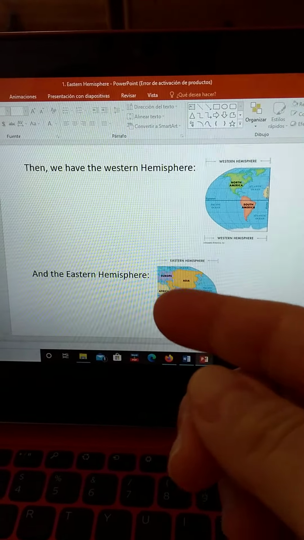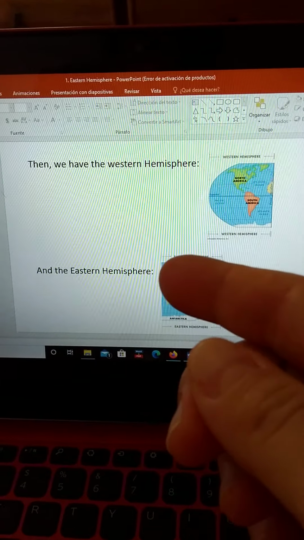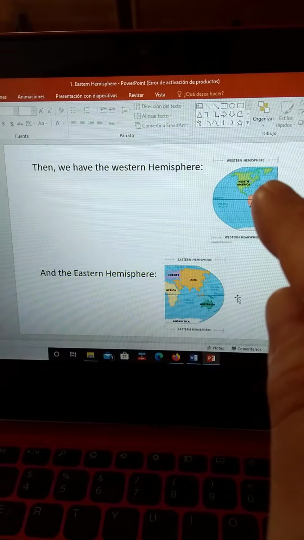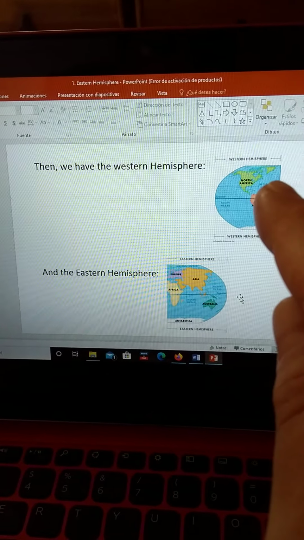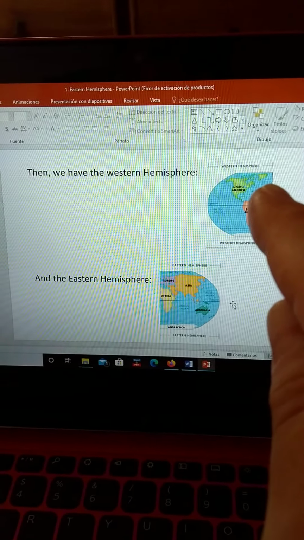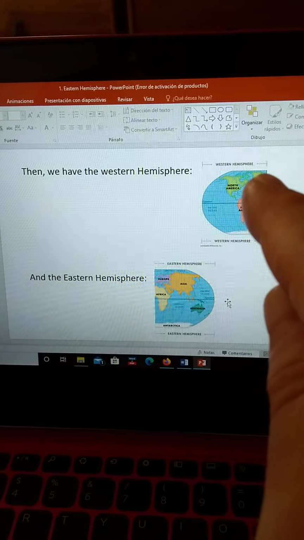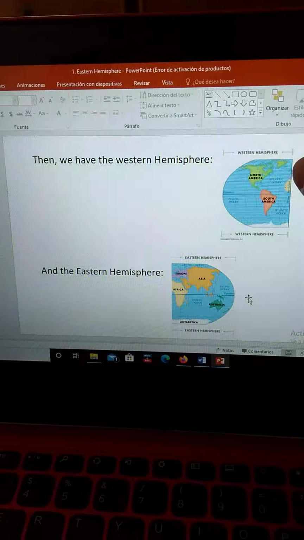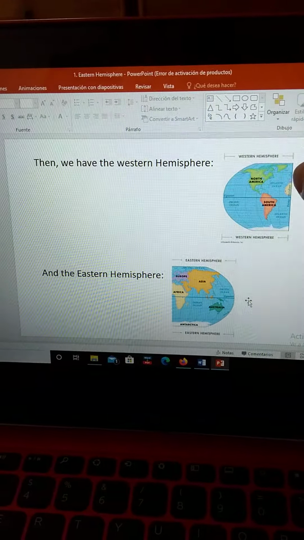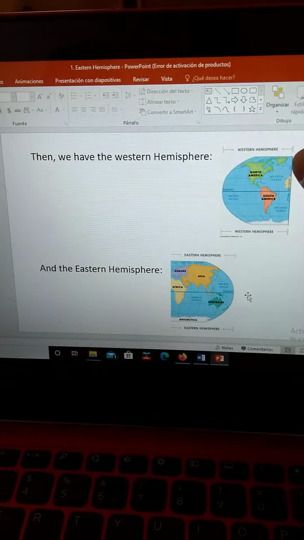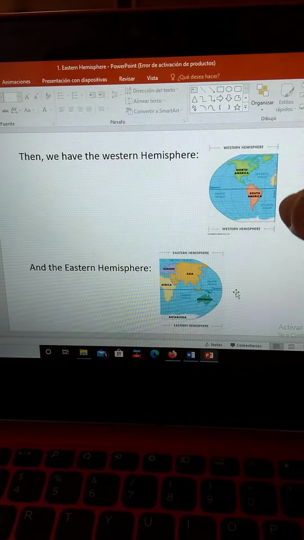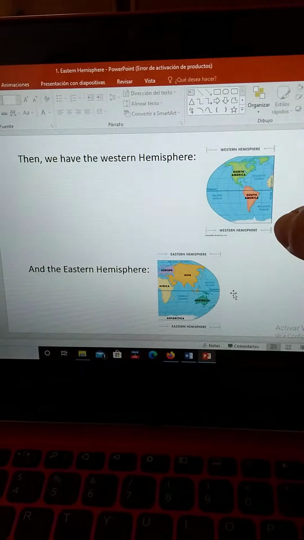This is called the Greenwich line. It's actually called like that because here in the UK, in the United Kingdom, there's a small town called Greenwich. Yes, there is a town. That town exists. It's around here in England, and this line passes through it. That's why it's called the Greenwich line.